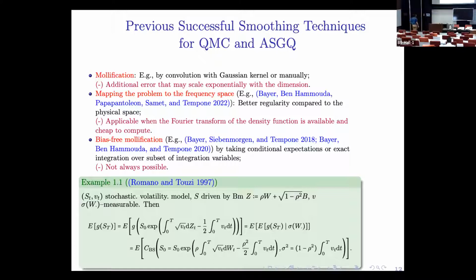Another way is the bias-free modification, which goes back to the idea of the work of Romano and Touzi, where you can get an expectation of a more regular object, here the Black-Scholes price, by integrating over a subset of random variables. We also considered this in the rough volatility context, and it was helpful for quadrature, for adaptive sparse grids, and also for the quasi-Monte Carlo method.